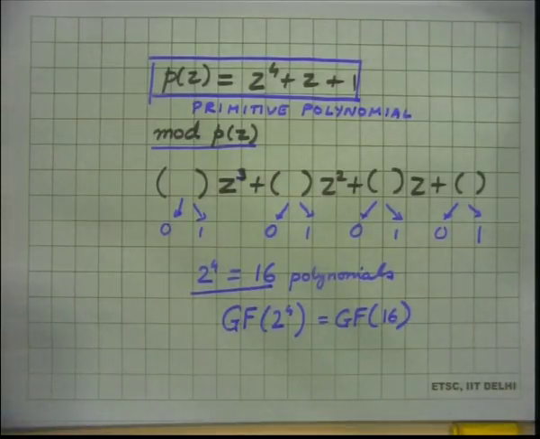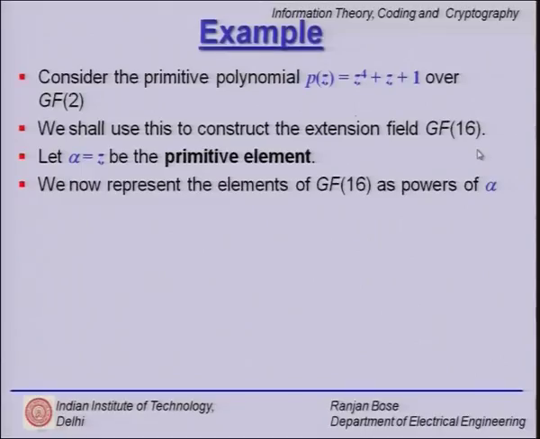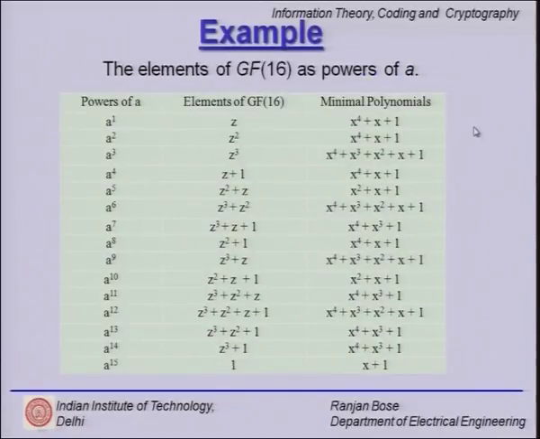So, let us complete this exercise. So, we go back to our slides, and if we write down the powers of alpha, then alpha is equal to z, alpha squared is equal to z squared, alpha cubed is equal to z cubed, and alpha 4 is z raised to power 4, but it has to be taken modulo p(z), which is z raised to power 4 plus z plus 1.